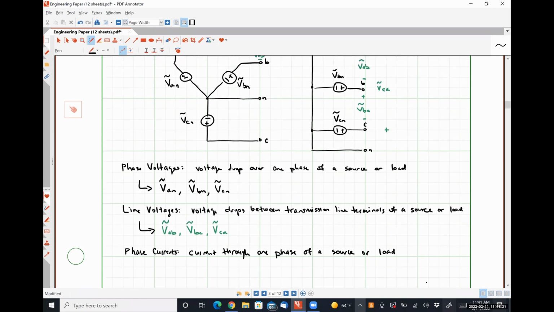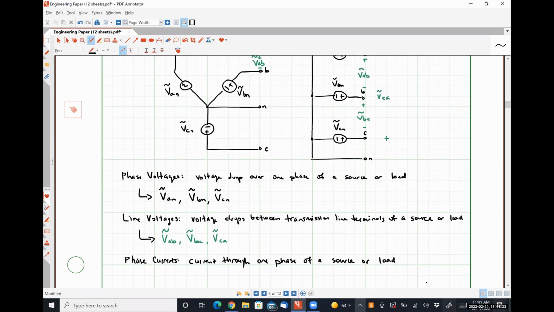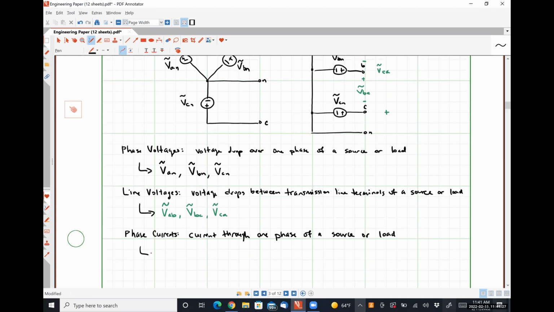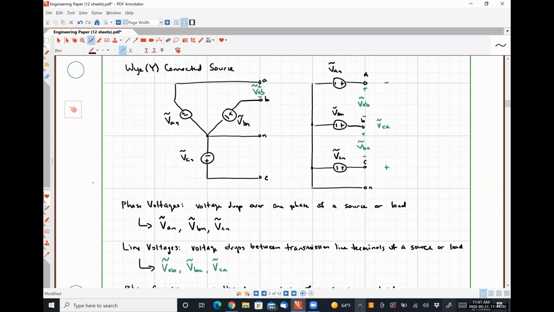Okay. So I am going to adopt the convention here that phase currents are going to be defined such that they flow from the positive polarity terminal to the negative polarity terminal. Okay.